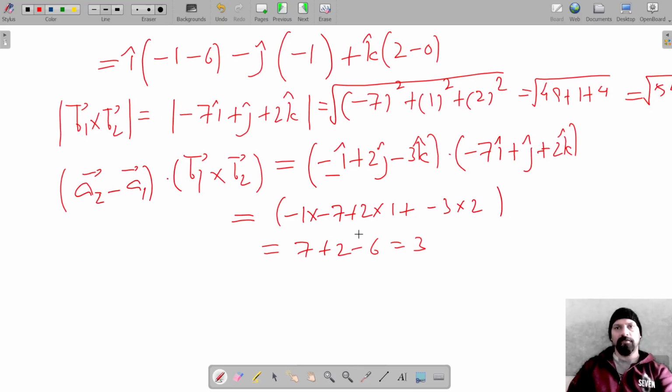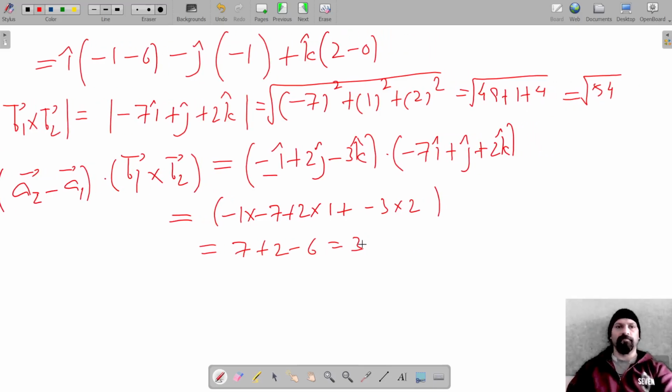So for B1 cross B2, the magnitude is: negative 7 square is 49, 1 square, and 2 square is 4. So 49 plus 4 is 53, plus 1 is 54.